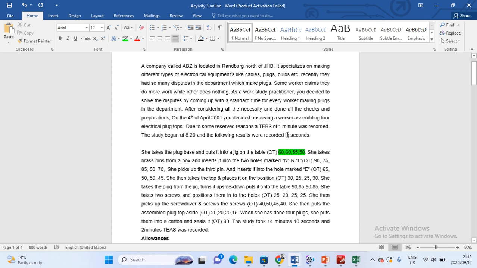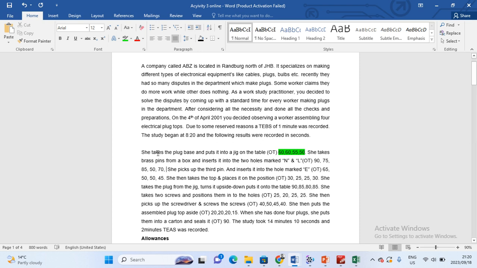So you already have the information here that whatever result or whatever number you're gonna see in this case study, they were recorded in second. So you are working with second. So even if you are given somewhere down there some data that is in minute, you know you have to convert it into second first.